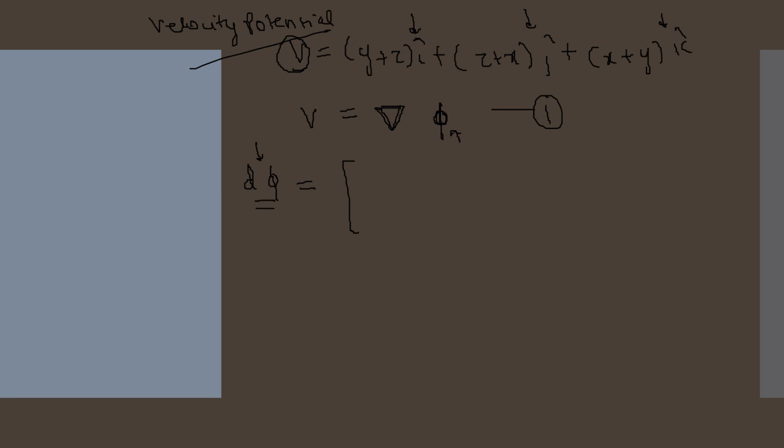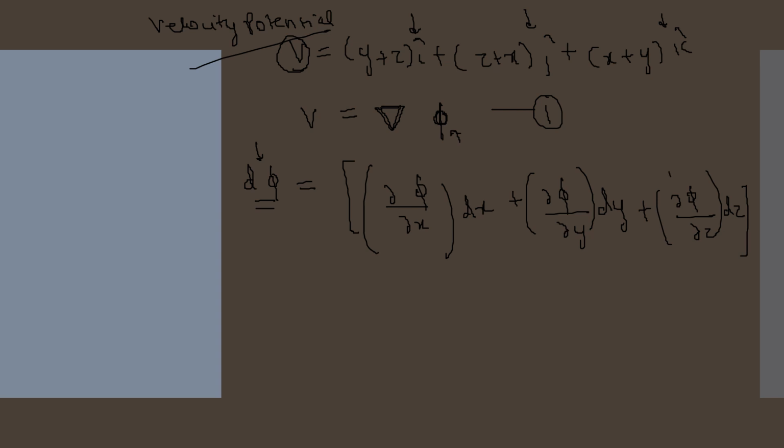If I have to find the total differential of phi, can I do it like partial differentiation of phi multiplied with the x component, the full differentiation dx, then with respect to y, then full dy, and then with respect to z, and then full dz? Remember the sign: this is partial differentiation, this is full differentiation, right?